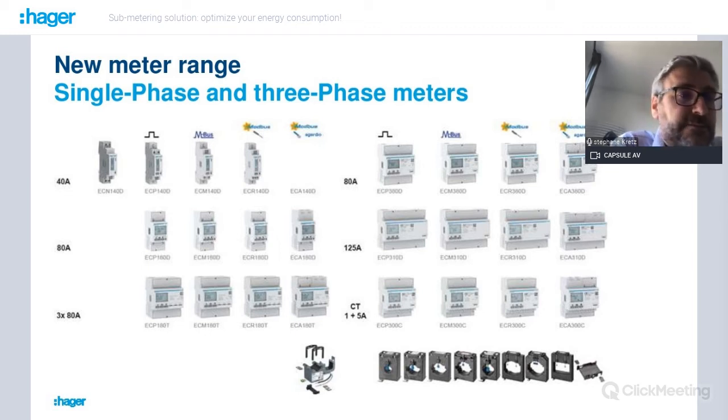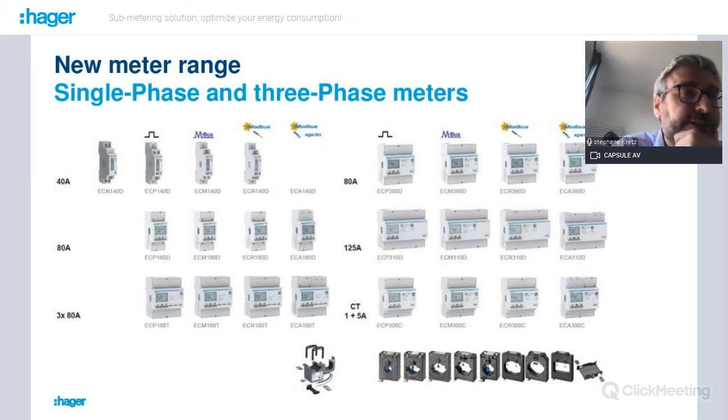Compact and very interesting, because of course it's doing 80 amps like the one you have just on the top line, but only in four modules. So compact solution. And also it's interesting because when you have communication on it, which is recommended, Modbus or MBus, you have only one communication point for 3 single-phase application.